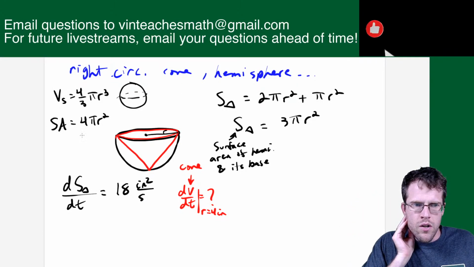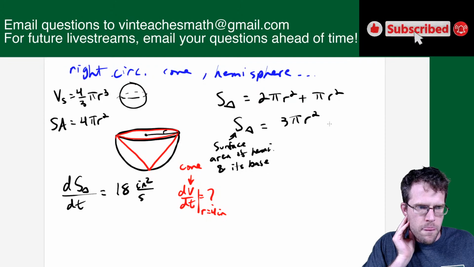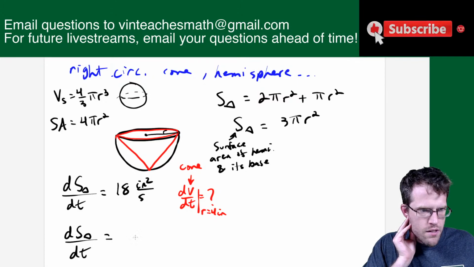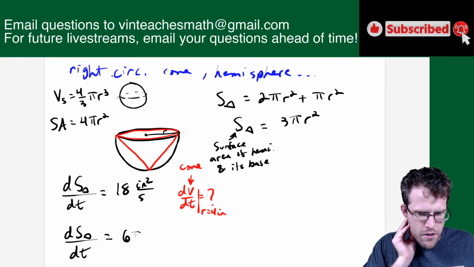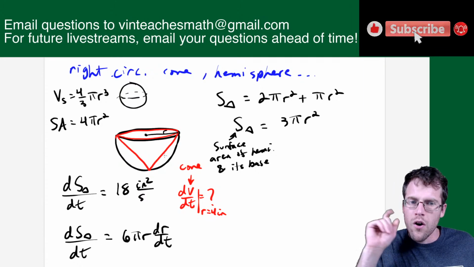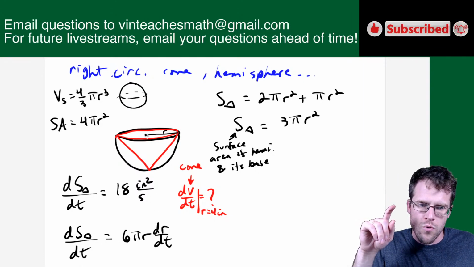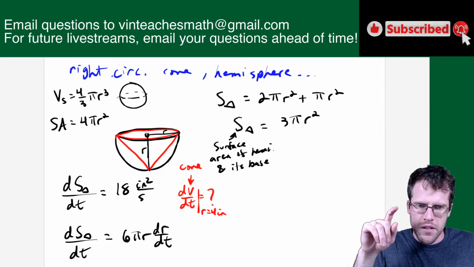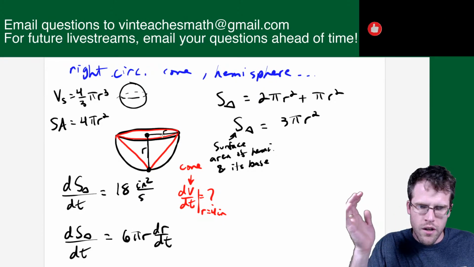So now here, we would take this equation and take the derivative. So dS/dt of the combined hemisphere and its base is equal to 6 pi r dr/dt. And then from here, one thing we should point out is that this, the cone's height, is also equal to r. Because it's a hemisphere, the distance from the center to any point on the sphere is r in any direction.